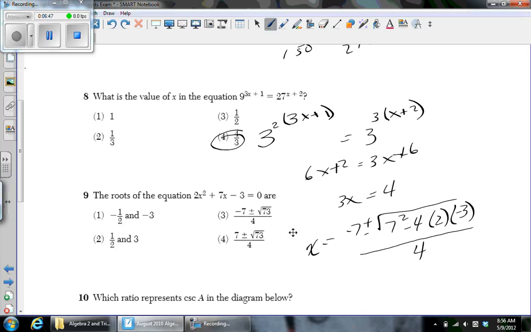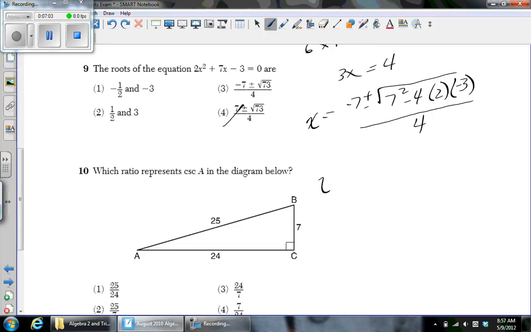First off, it's negative 7, that's out. 7 squared minus negative 24, so we get 7 squared plus 24. So we're left with x equals negative 7 plus or minus the square root of 49 plus 24, all over 4. 49 and 24 gives us 73.